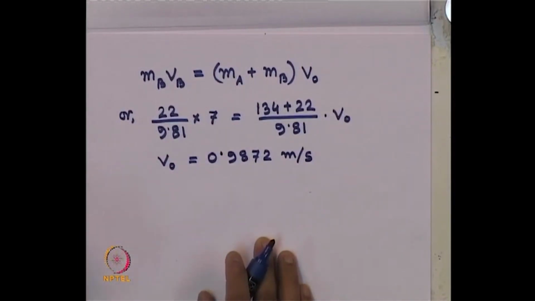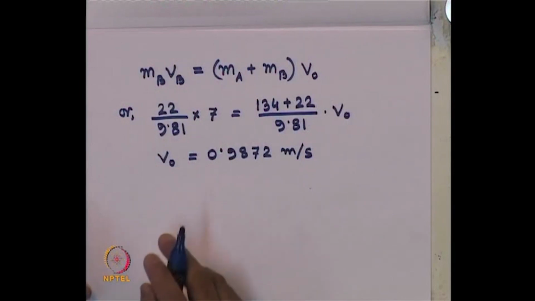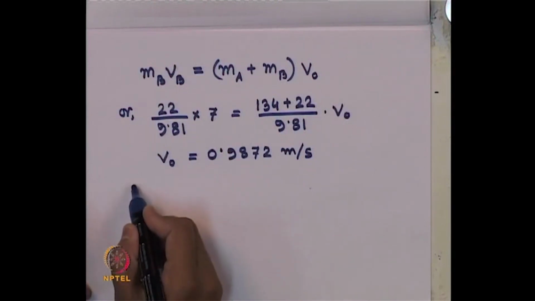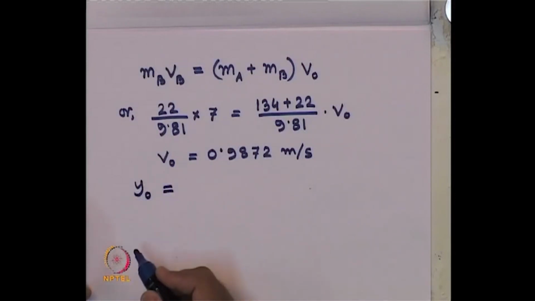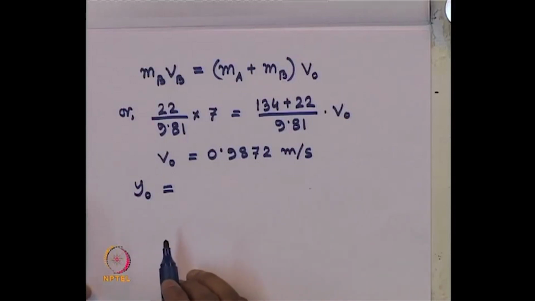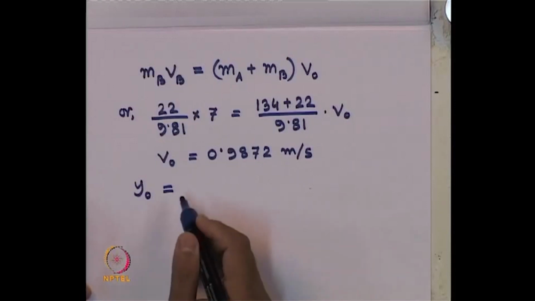Now, when that lead pad is striking rigid body A, this is the initial velocity. Let us see if there is any initial displacement or not. What should be the initial displacement? If we denote it as y naught, that will be nothing but the weight which is coming down and the stiffness of the spring, from which we can find out the initial displacement.